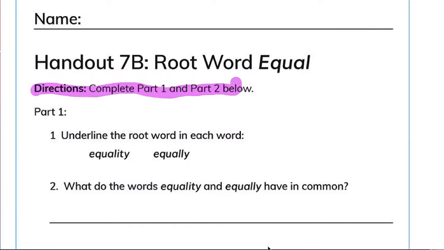Complete part 1 and part 2 below. Okay, part 1. Underline the root word in each word. What is our root word, or again, I've been calling this base word. They mean the same thing. What is our root word or base word in both of these words?